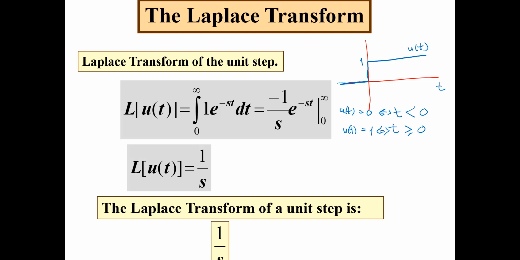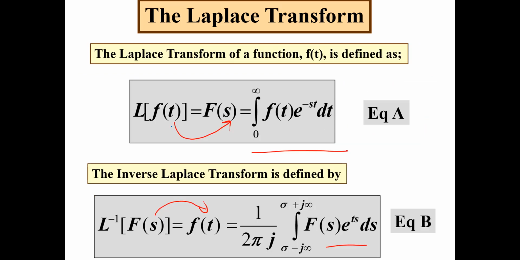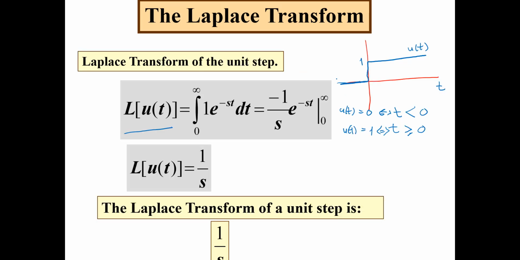So how to transform from domain t to domain s? We use this equation for the Laplace of u(t): integral from 0 to infinity of f(t), and f(t) is u(t), which here is 1. The Laplace transform is from 0 to infinity, so we start from 0.